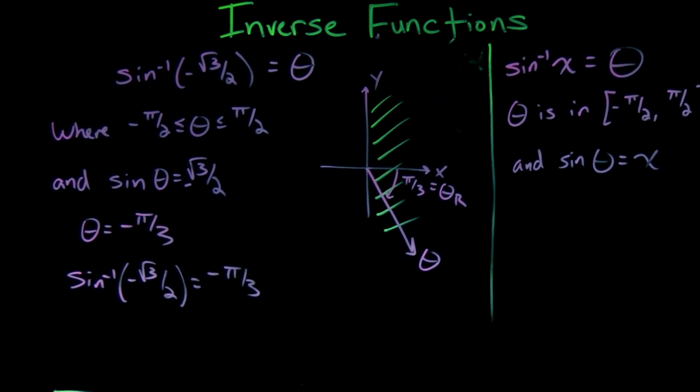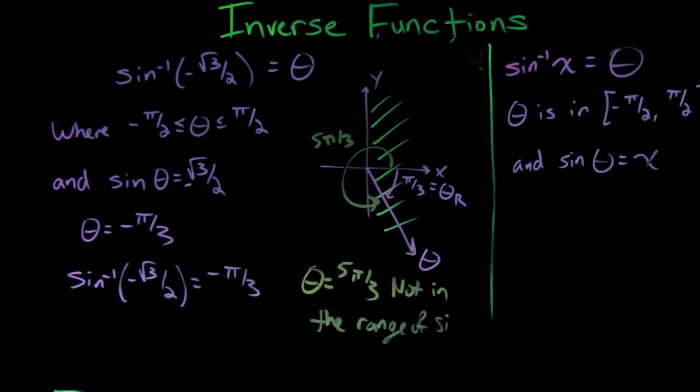So for example, if we did theta equals 5 pi over 3 instead, so if we went with a positive angle, this is not in the range of the inverse sine, because it is not between negative pi over 2 and positive pi over 2.